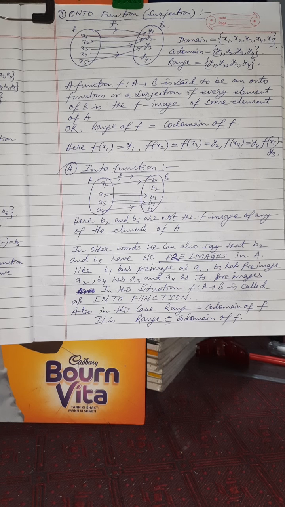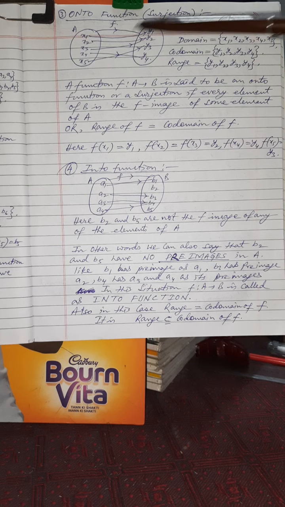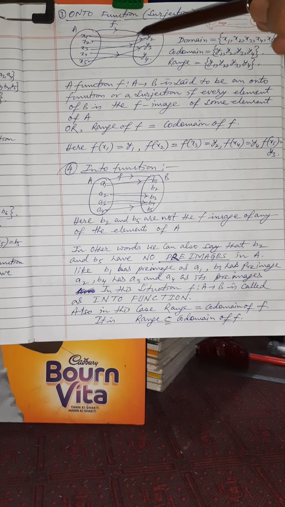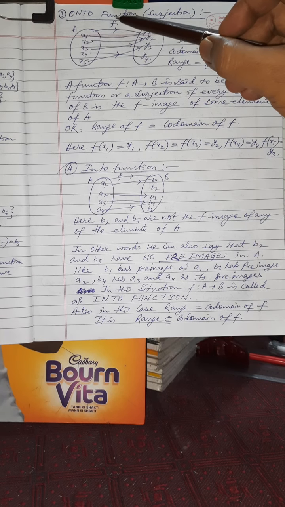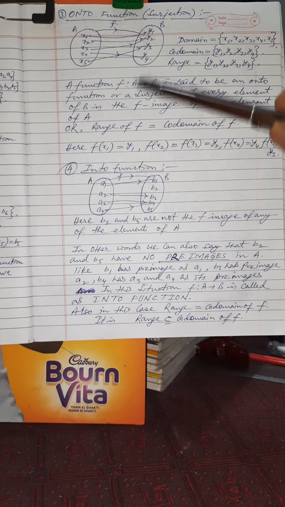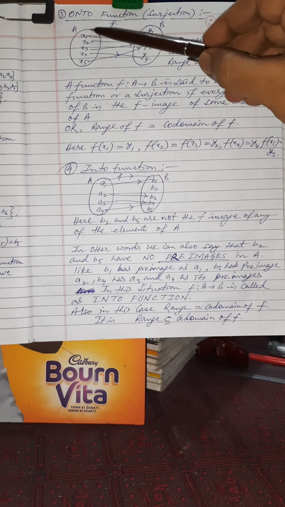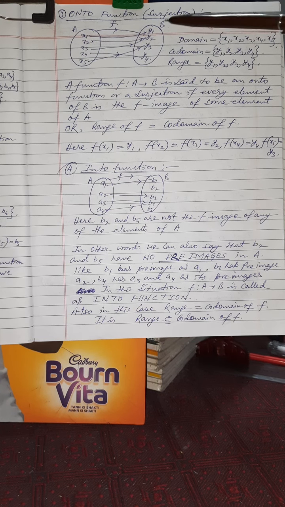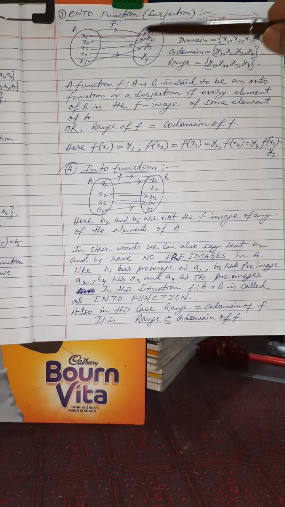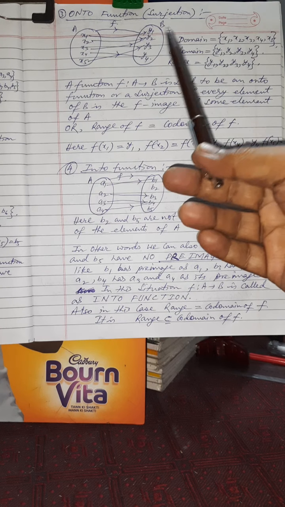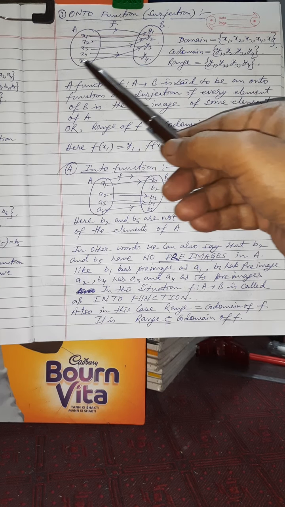In the previous example, f(x1) = y1, so we can say that y1 is the image of x1 under the function f. In other words, y1 has its pre-image as x1. So if the function is onto, then each element present in the codomain should have its pre-image in the domain.